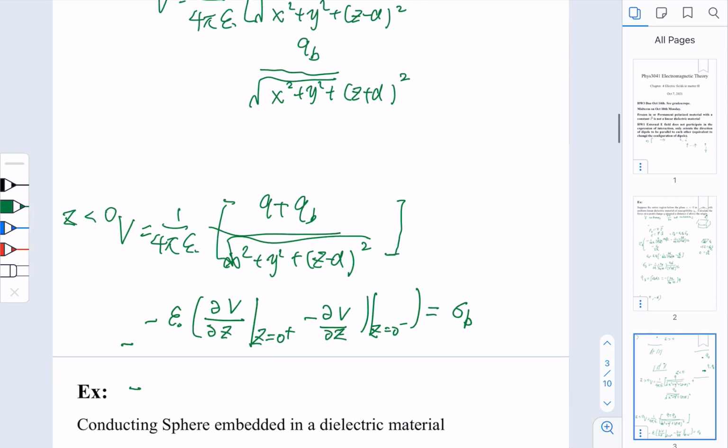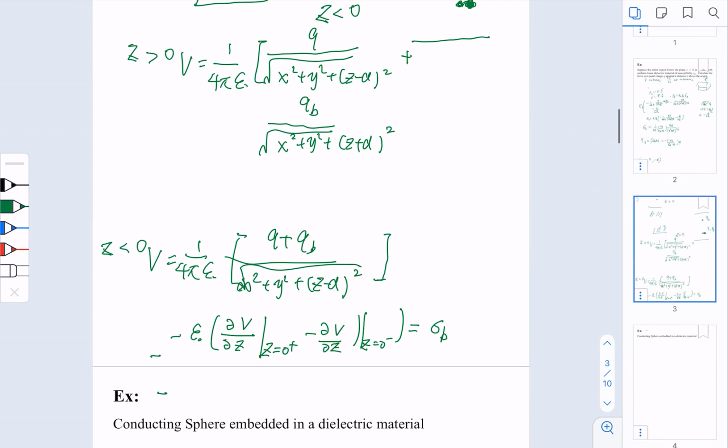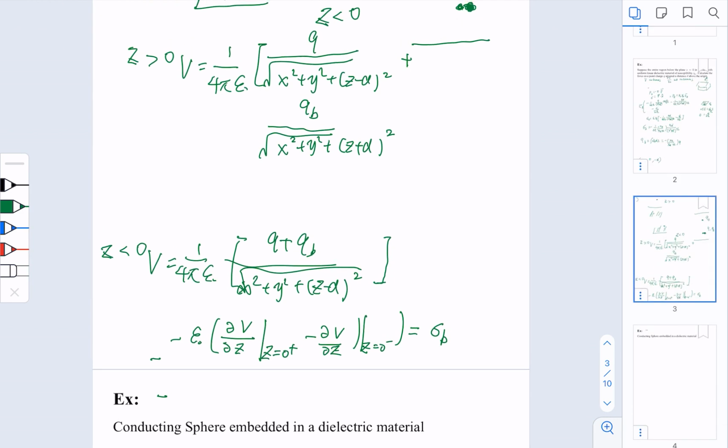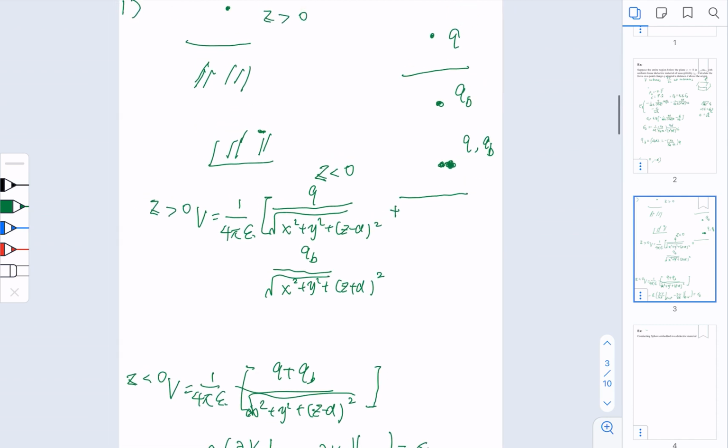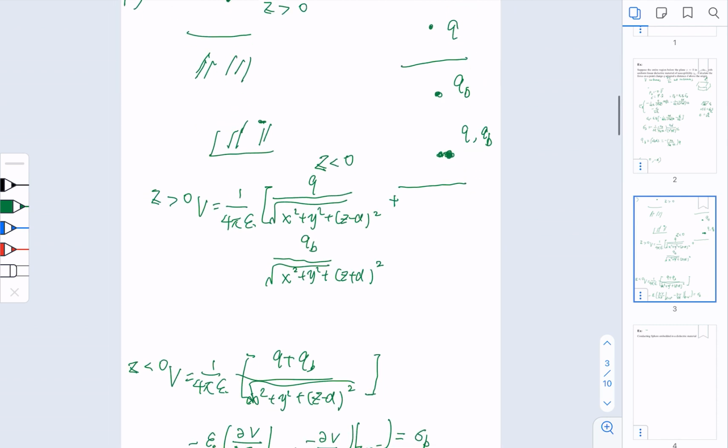And now what we can claim is that we find a very particular distribution of image charge, and this solution satisfies the Poisson equation above this xy plane, and it also satisfies the Laplace equation below this xy plane.